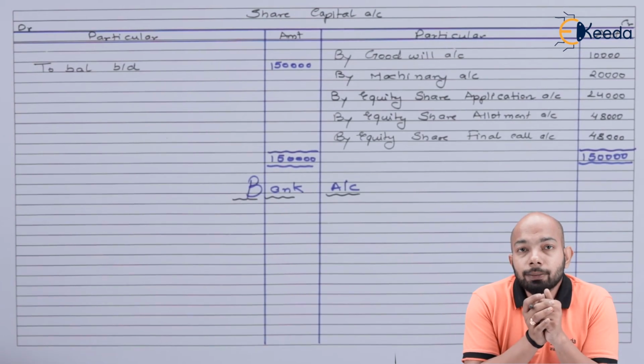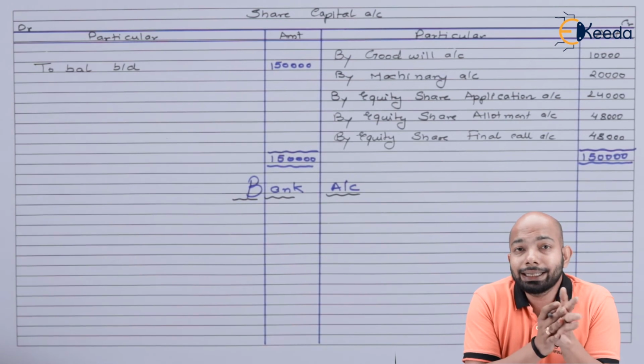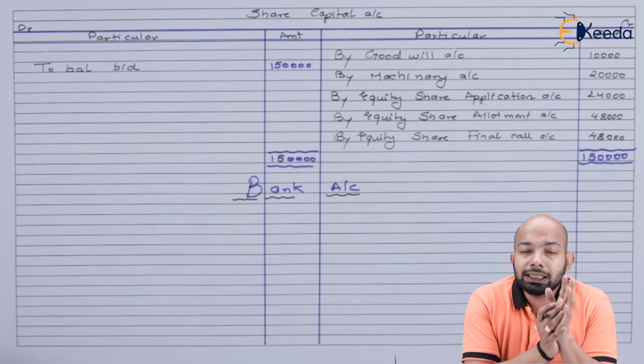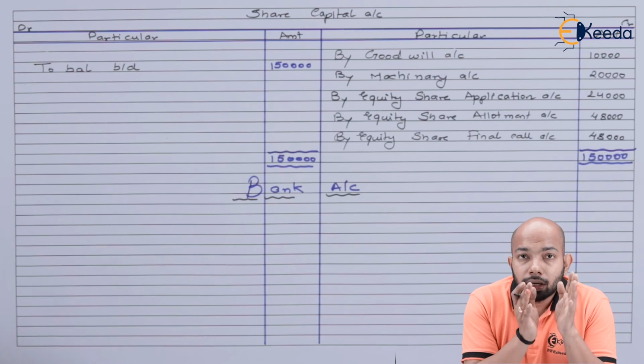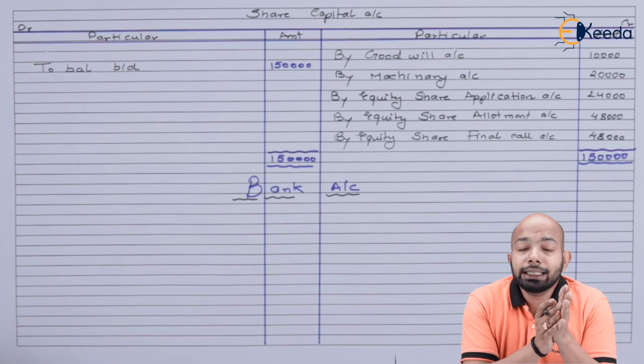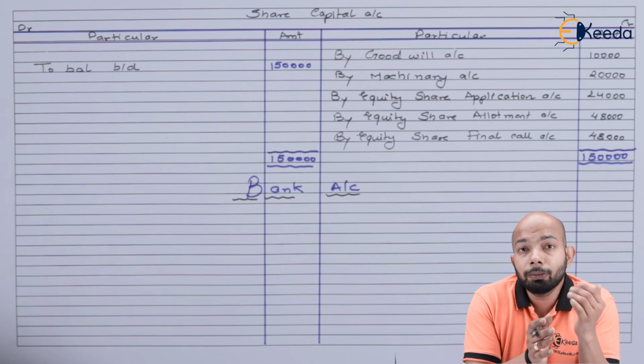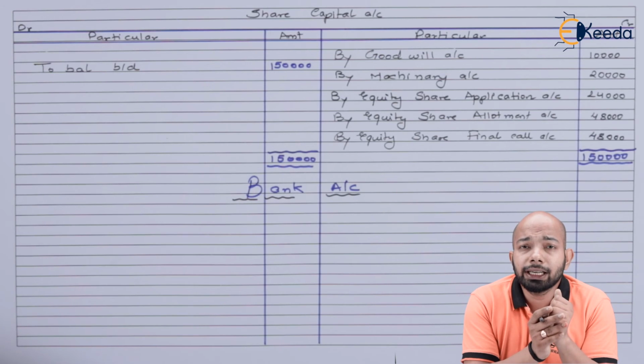Now, when the bank account comes into the question, make sure that we are not considering the first two entries as cash here. Cash or rather bank related entries only come into the question when application money has been received, allotment money has been received, and when final call money has been received. So only that amount will be mentioned here.